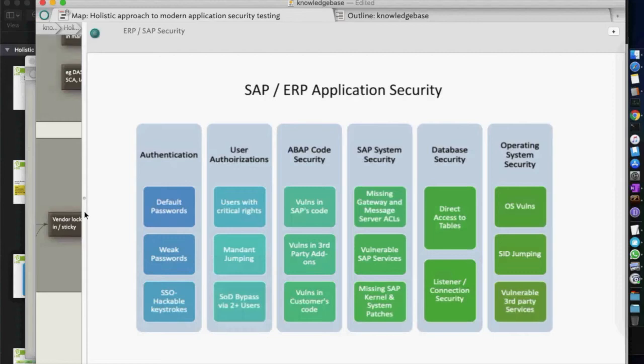Some parts will be addressed with different tools. For example, OS system security and OS vulnerabilities may be addressed with a generic vulnerability scanner, which is good for host and OS scanning. Then there is database security, which sometimes differs from the traditional web-based one.